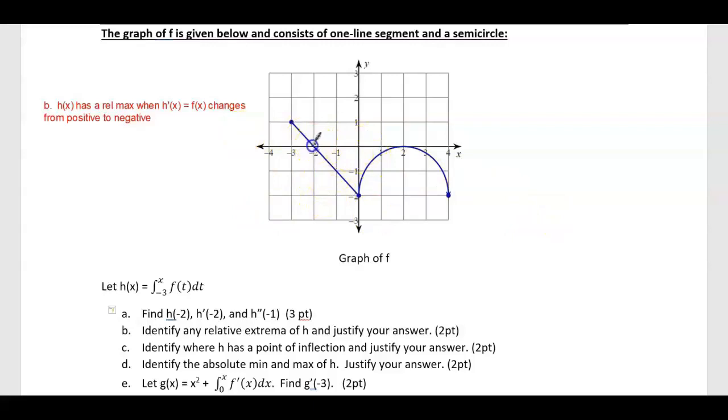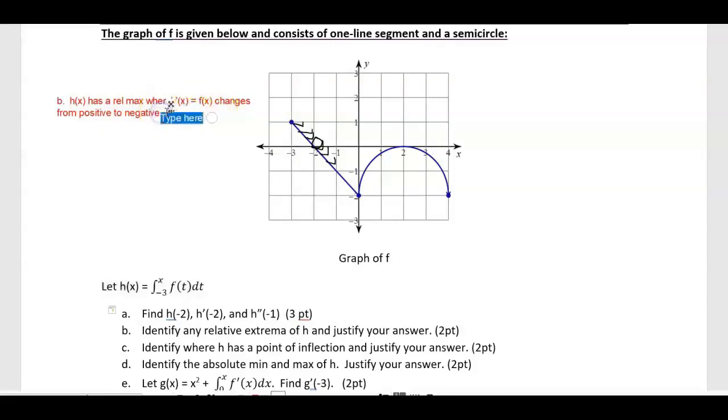So as you can tell right here, if I'm moving from left to right, you can see that we cross negative 2. We went from being above to being below. And so that is a relative max.